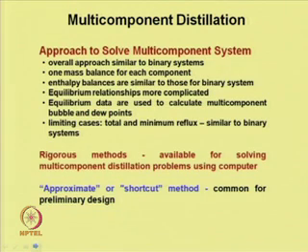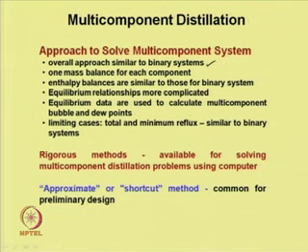The general approach to solve multi-component systems is similar to the binary systems, that is, one mass balance for each component, and enthalpy balances are similar to those for binary systems. Equilibrium relations in this case are a little bit complicated.